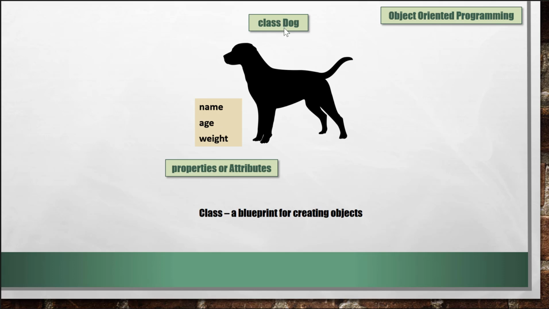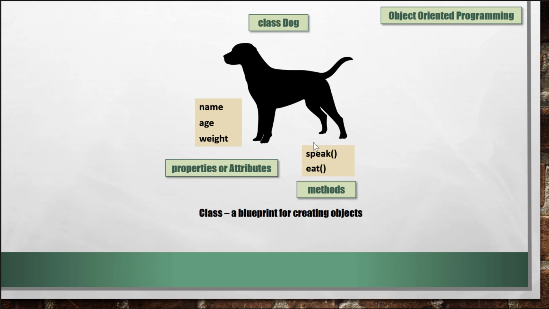So let's start thinking about how I can create what we call a class, which is a general blueprint, or I guess blueprint's the best word, of a general boilerplate of what it takes to create a dog. So all dogs pretty much have a name, age, and weight, especially in the code that we're going to write. What else do those dogs share? Well, they both speak, they both eat.